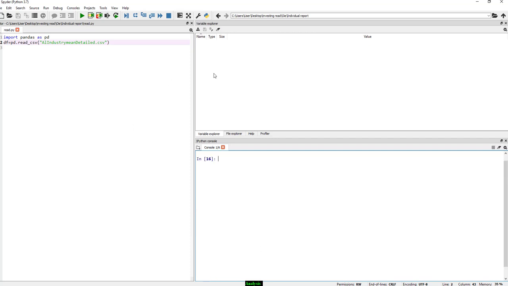I'll clean everything. Out of these, we're going to work out how many industries we have there. So we say industry is equal to df dot industry, and finally we make it unique.